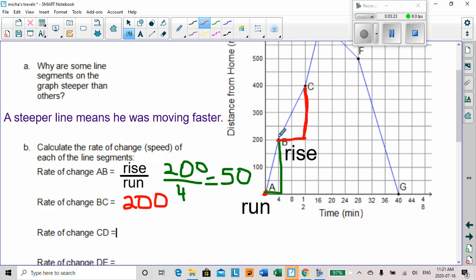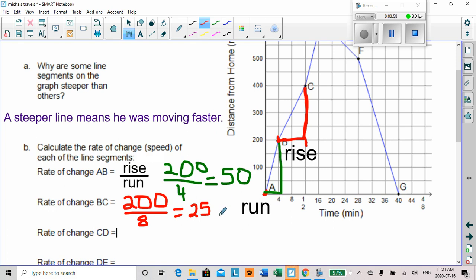The run goes from 4 to 12, so from 4 to 12 is 8. Now 200 divided by 8 is 25. So the speed that Misha is moving from B to C is 25 meters per minute. You can see that it's less steep, and you know then that it's not as fast.